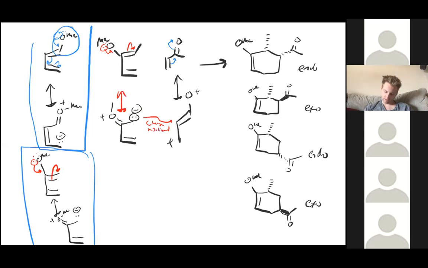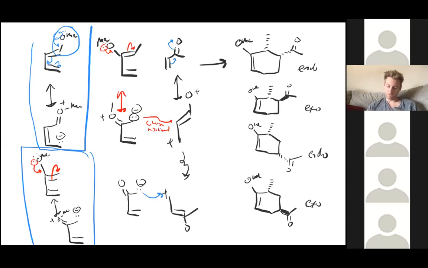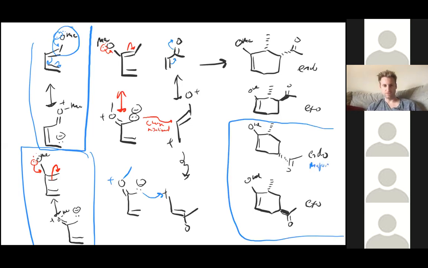Versus if we flip over our dienophile, now we can get a charge aligned species and lead to a product. So for this one, now that we move this over, our major product would favor these two, and specifically the endo product.